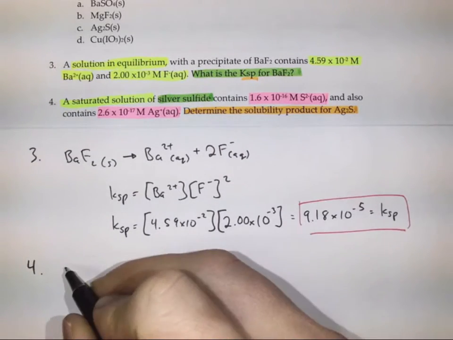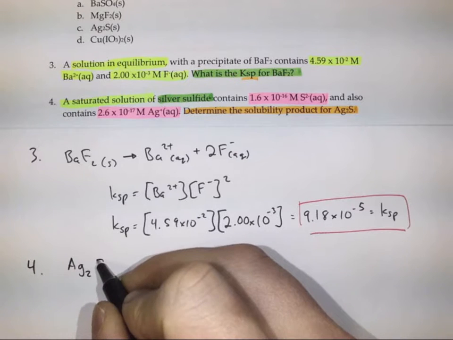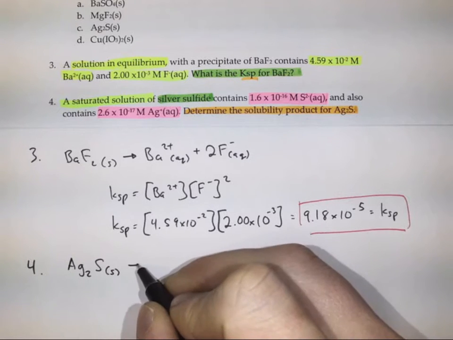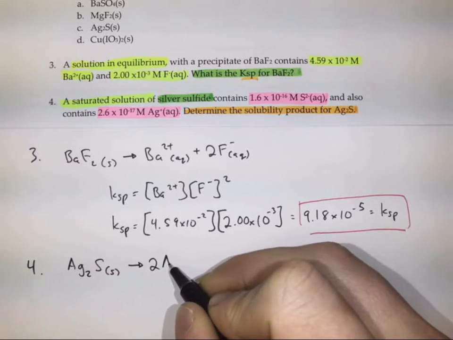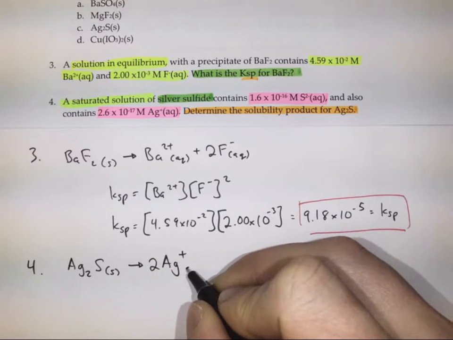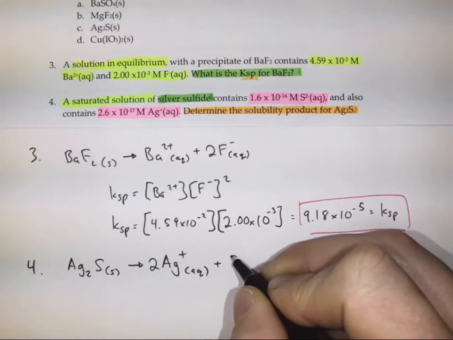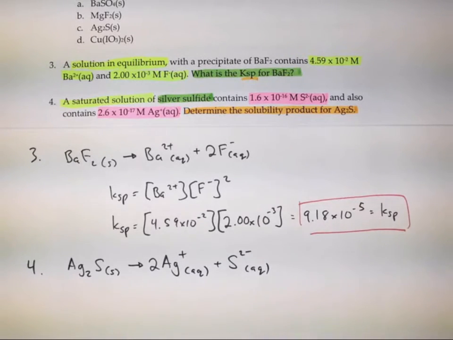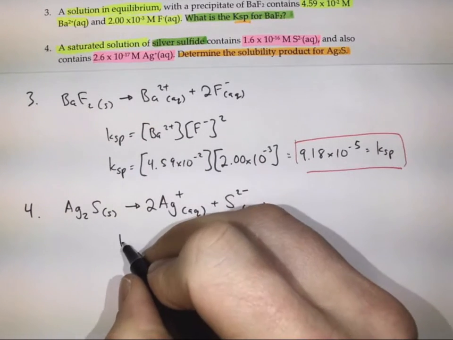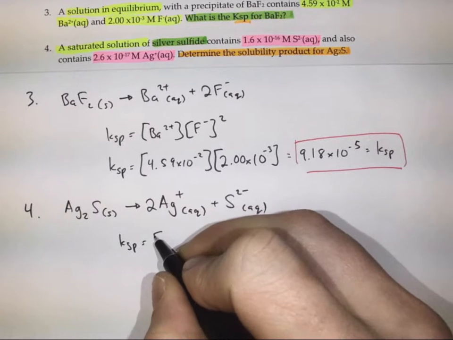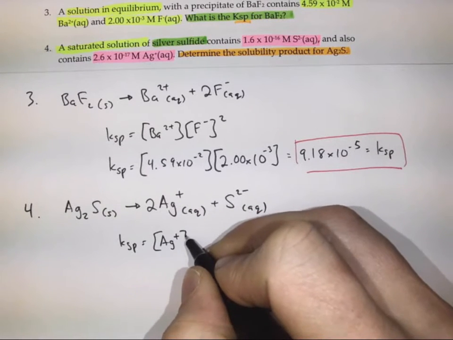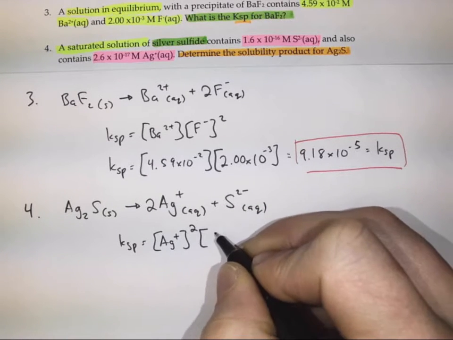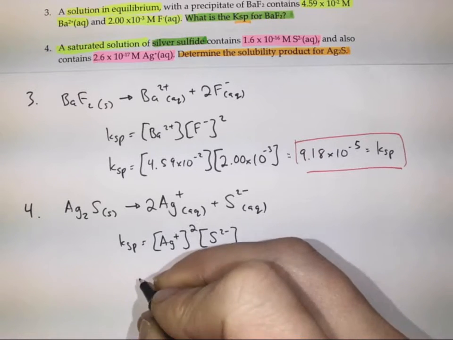All right, so we got silver sulfide, that's solid. That's going to form 2 silvers plus a sulfide ion. Those are aqueous. And so that means our Ksp is going to be equal to the concentration of silver ions squared times the concentration of our sulfide ions.